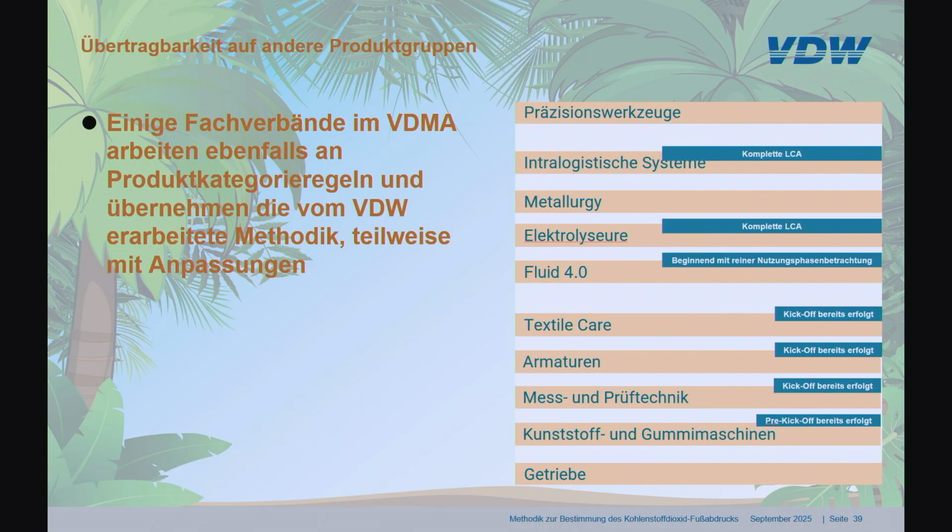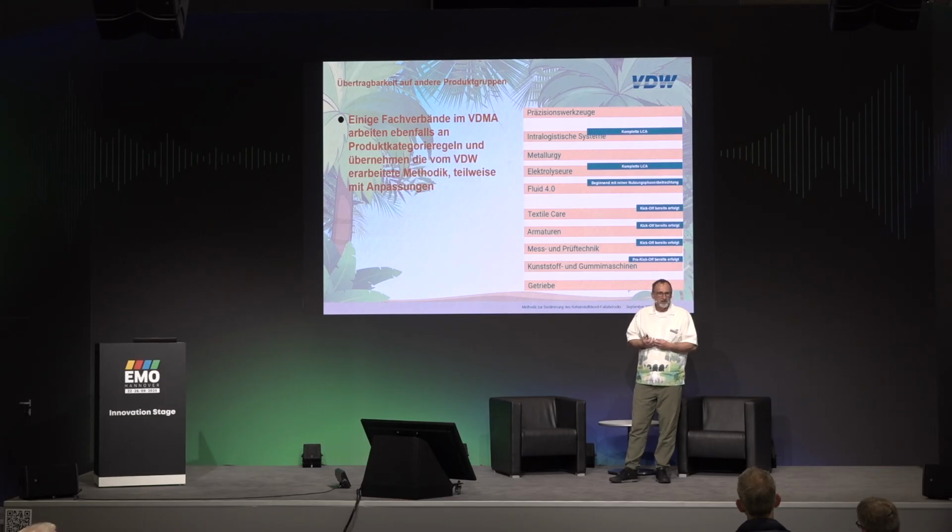Our big brother, the VDMA, has 40 different sector associations for mechanical engineering, and half of these sector associations say, what you've done is so good, I think we'll use it. Can you explain it to us? And so for the next few years, I've got a very secure job, apparently.